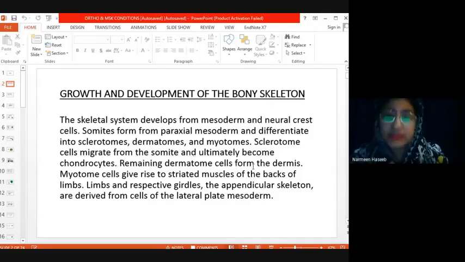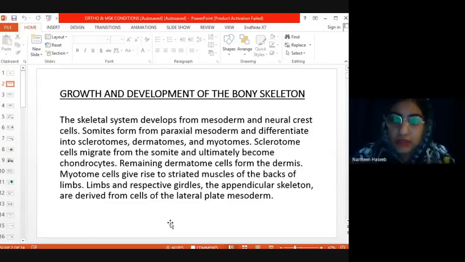Remaining dermatome cells form the dermis. Myotome cells give rise to striated muscles of the back, the limbs and respective girdles. The appendicular skeleton is derived from cells of the lateral plate mesoderm. So these are the very initial stages of the development.